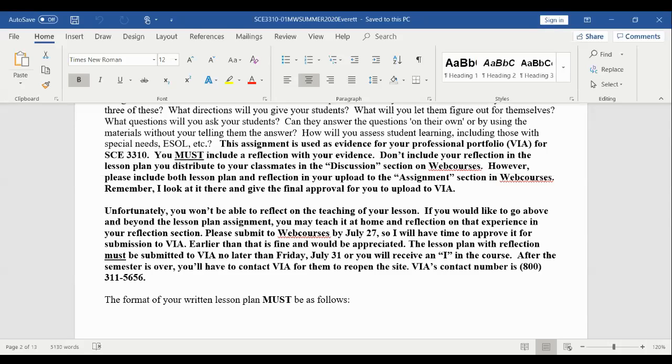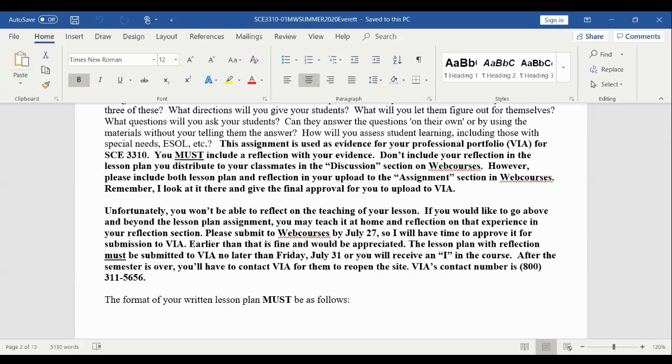If you don't put it on VIA by July the 31st, then I have to give you an incomplete in the class. I don't want to do that because, like I said, I'm going to be retired on September the 30th, and I want to make sure you get your grade. Some students have an A, and they forget to put their lesson plan on VIA, or they put their lesson plan, but they don't put the reflection.